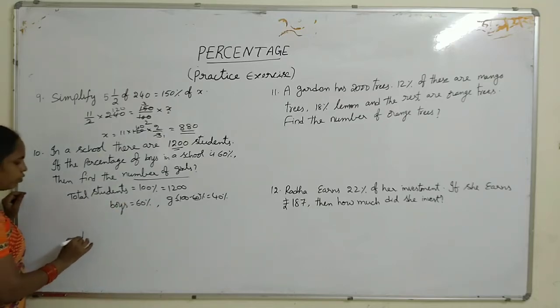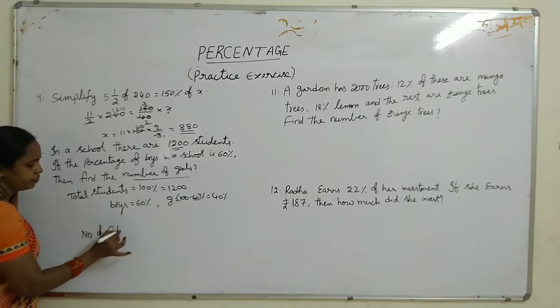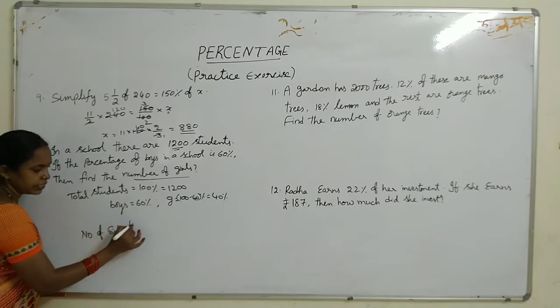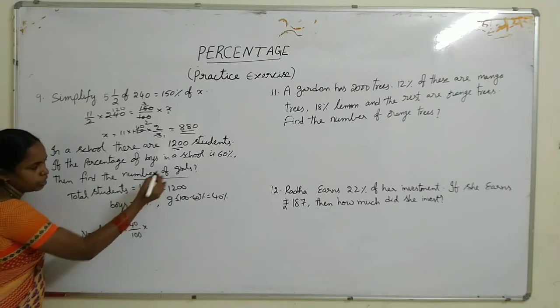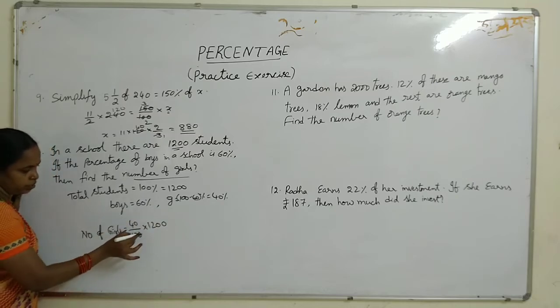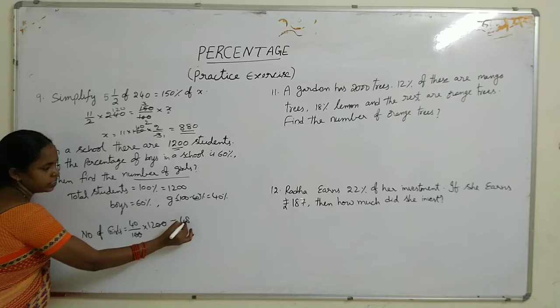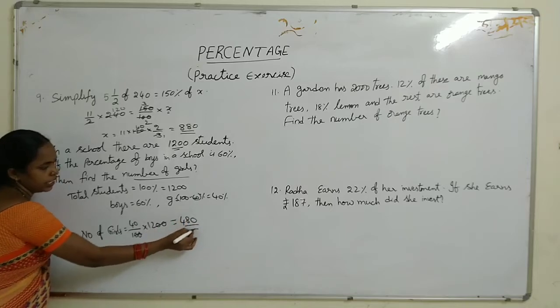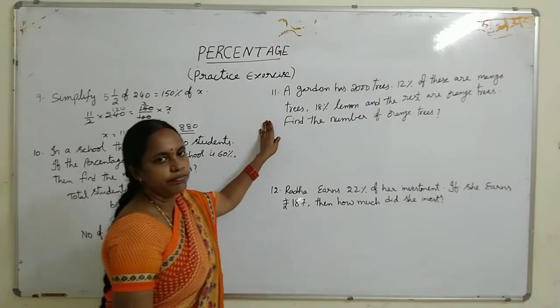Number of girls equals 40% of total students. Total students is 1200. Two zeros cancel. 12 fours are 48, and 0. That is 480 girls. Okay, next, question number 11.